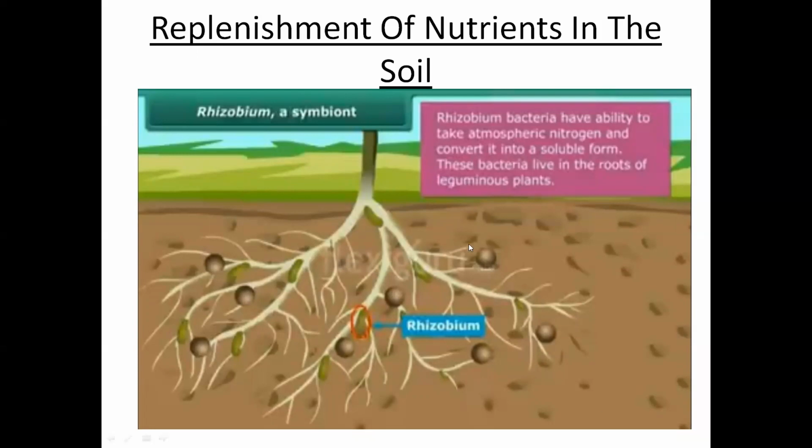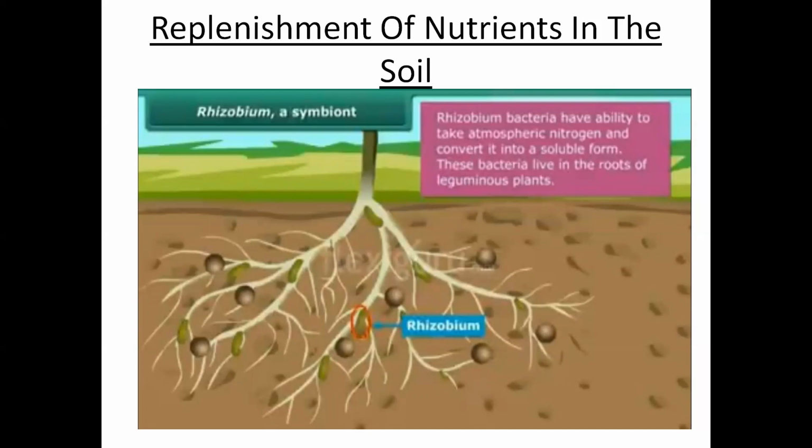Plants are able to absorb carbon dioxide from the air, and nitrogen is also present in the air in abundance, but plants are not able to absorb that nitrogen as it is.